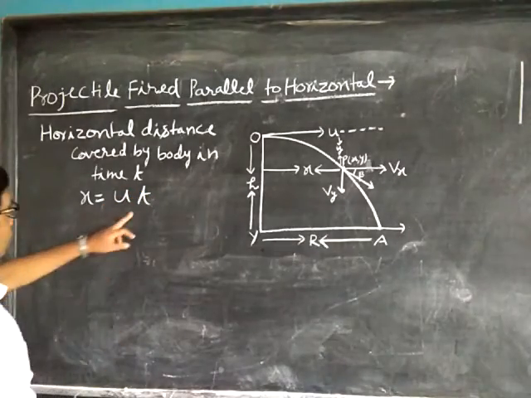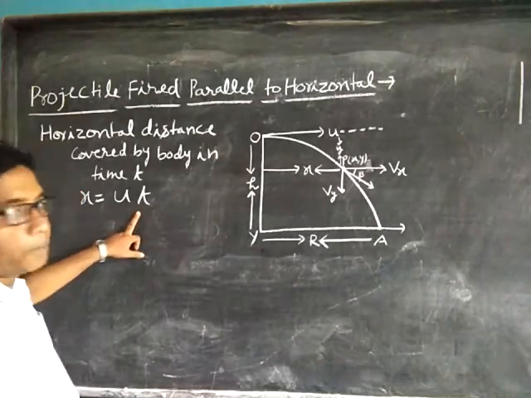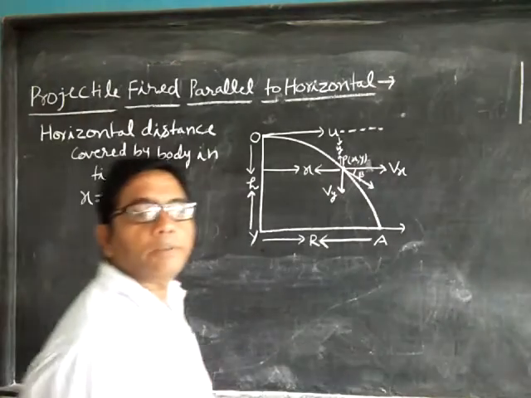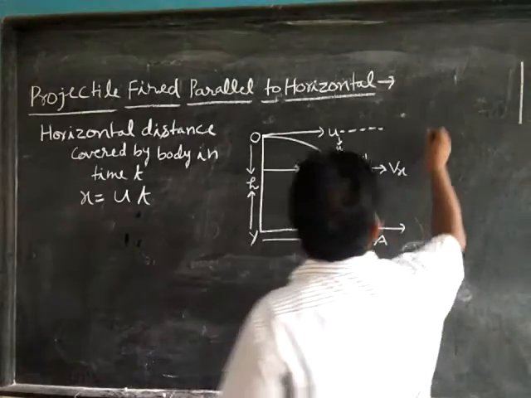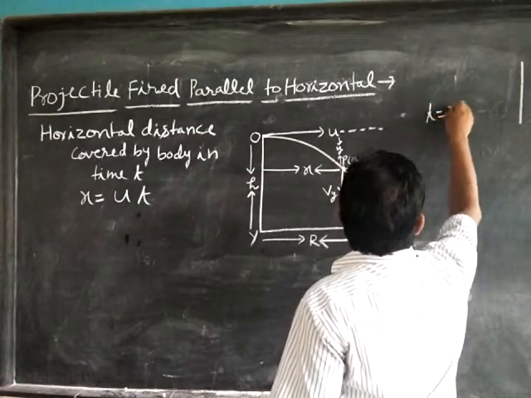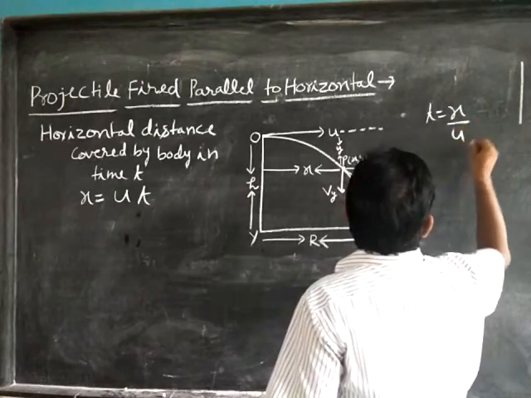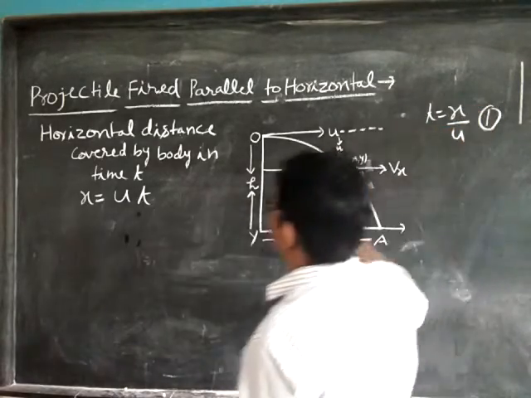From here t is equal to x upon u. This is my first equation.